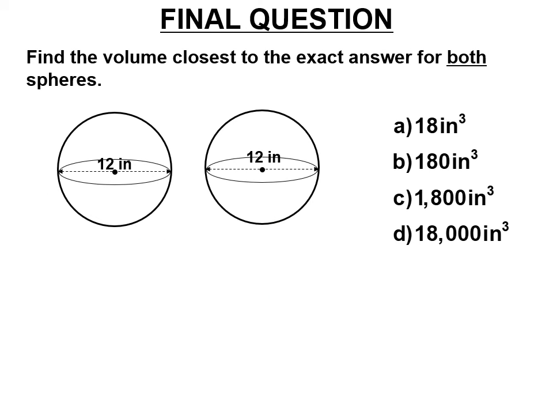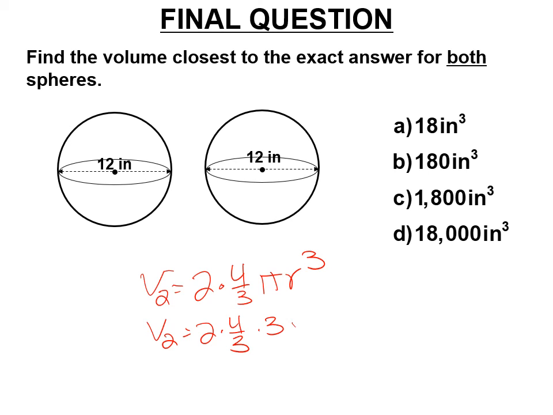Right, so there's 2 of these 4/3 pi r cubed, and we're going to estimate. We're going to use 3 for pi since we don't have to get it exactly, and the radius of both of them is not 12, the radius of both of them is 6. So the 3's cancel, and 2 times 4 is 8, but 6 cubed is 6 times 6 is 36, times another 6 is 216.